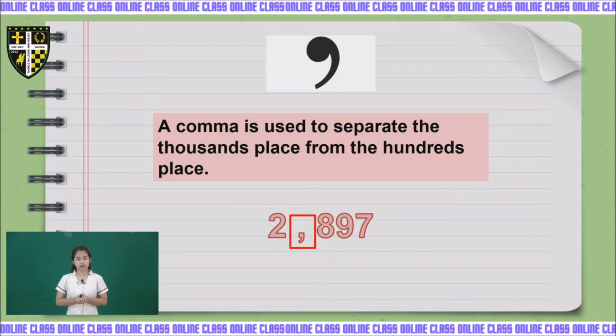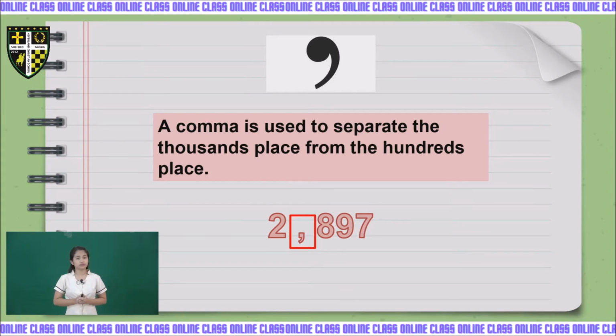This is the comma. Look at the square. That is the comma. Remember that it is placed in the middle of the thousands and hundreds place value. So always remember that because it is always there when we are writing numbers in words.